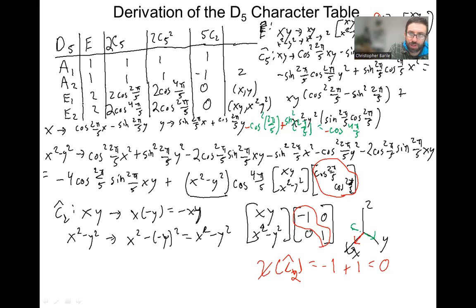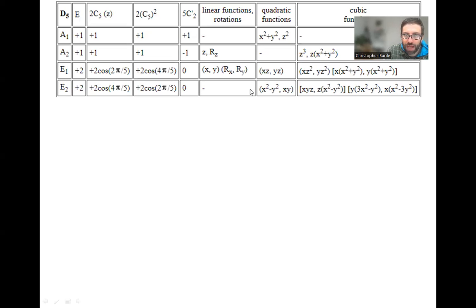Probably there are some books somewhere that are published with this reversed. It doesn't really matter, but you have to make sure that you don't make a mistake when you're doing homework problems or something like that, and that you're using whatever convention the people want you to be using. But you can see we matched that. We figured out how x squared minus y squared and xy transform, and that helped us derive E2. We figured out xy helped us derive E1. These other functions are much more complicated, but could be derived using similar trigonometric principles.